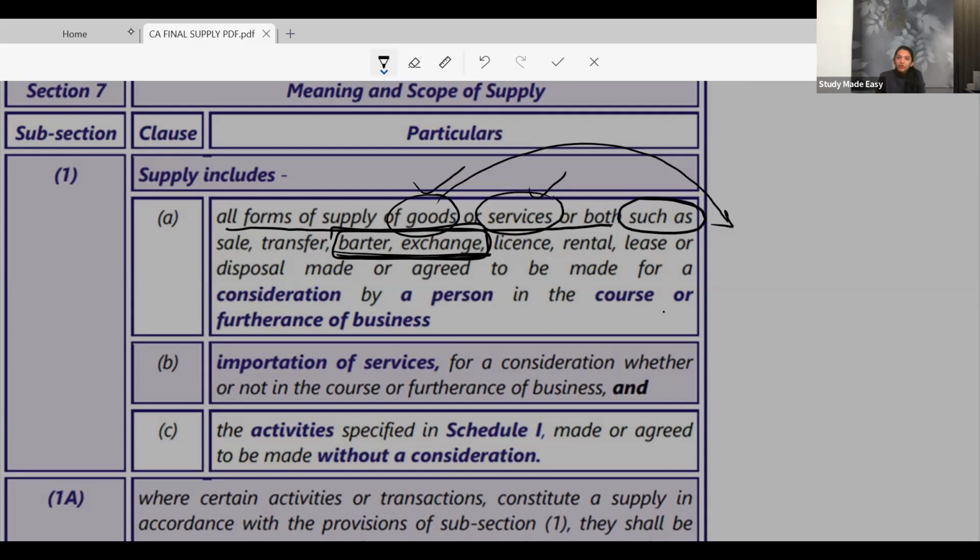And the valuation of this exchange could be calculated as per rule 27, given in chapter value of supply.